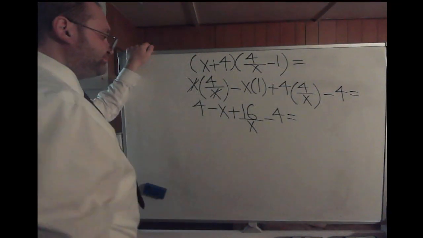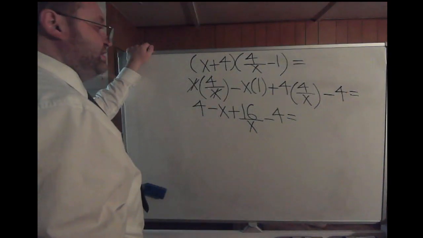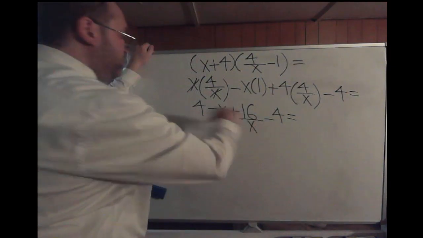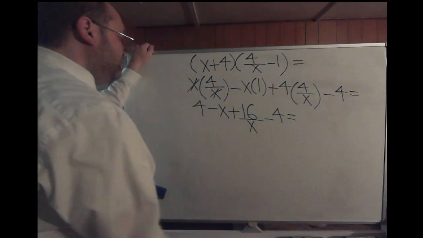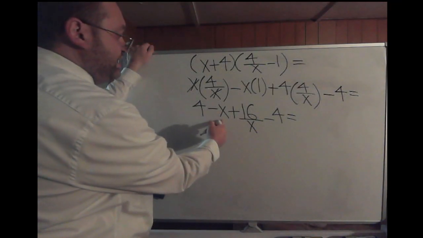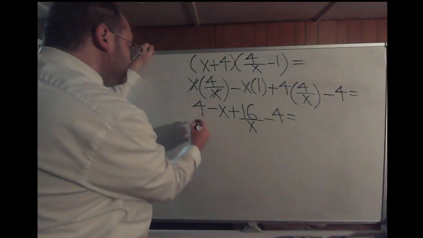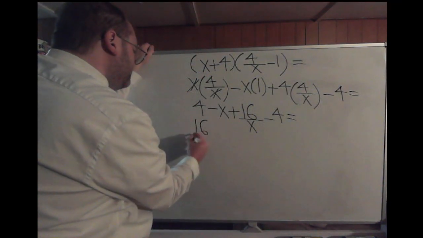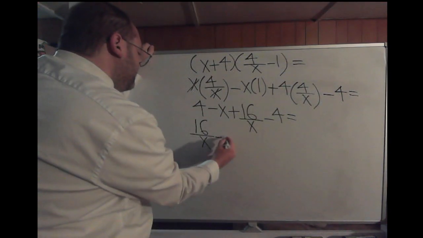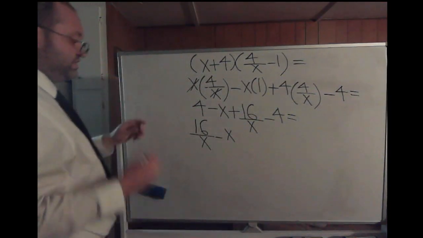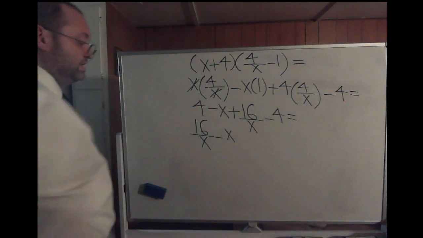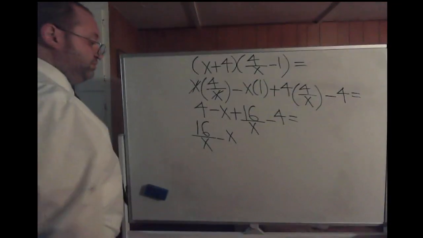Well, let's hang on here a second. We have 4 minus 4, your constants go away. What you really have left are negative x plus 16 over x, or you could just do 16 over x minus x. You've reduced it down to a much simpler problem.